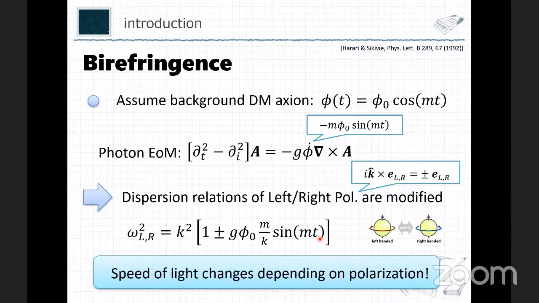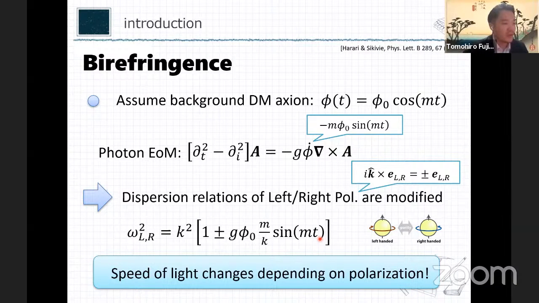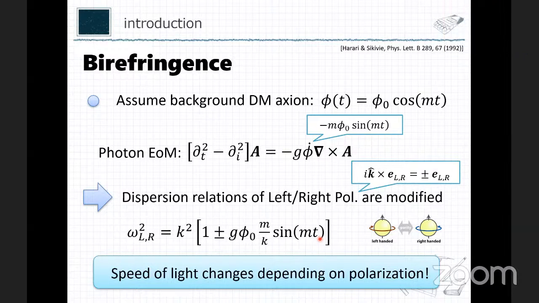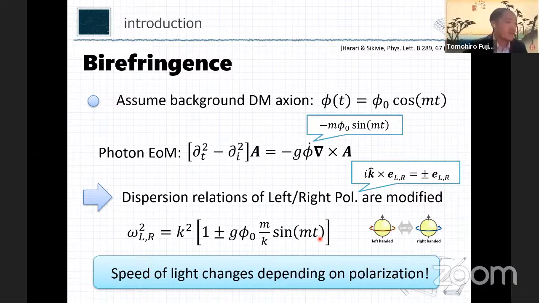Yeah, that's a very good question. So here, phase velocity is important. The correction to phase velocity is of order g, and if you calculate the correction to group velocity, that is of order g squared. So that's a higher order and very tiny.